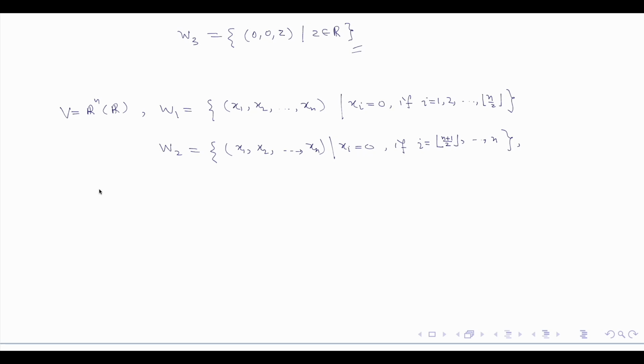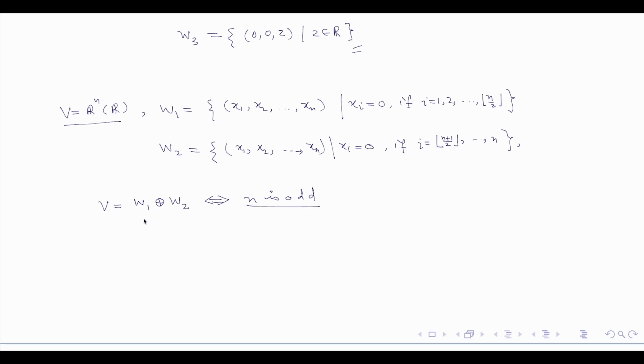Then V can be written as the direct sum of W1 plus W2 if and only if n is odd. If n is odd, then the first greatest integer n by 2 coordinates are 0 in one, and the remaining coordinates are 0 in the other.